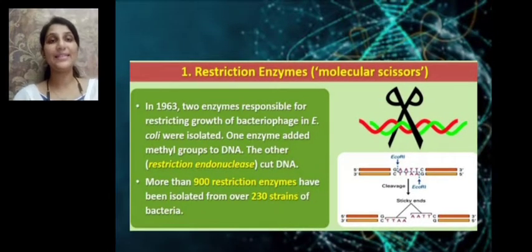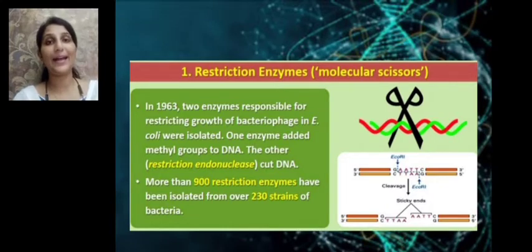In the year 1963, two enzymes which are responsible for restricting the growth of bacteriophages in E. coli were isolated. And we know what bacteriophages are. They are viruses which infect bacteria. So the enzymes which help to retard the growth of bacteriophages were isolated. Of these two enzymes, how did they act?